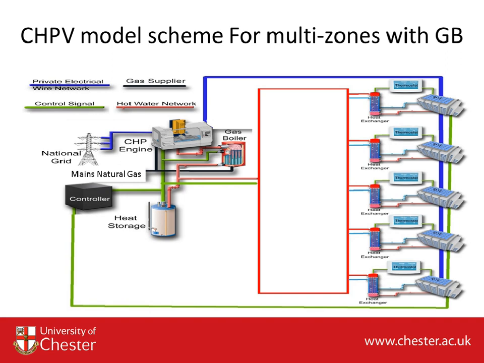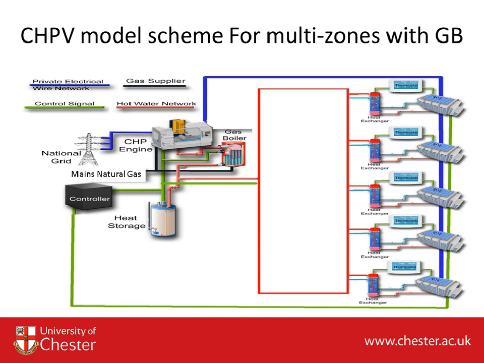The building itself could have some local PV connected to the private wire network, which is in blue. And so the PV injects power onto the private wire network, as does the CHP engine and as does the national grid. We needed some form of energy storage, and we initially looked at batteries. It makes sense.